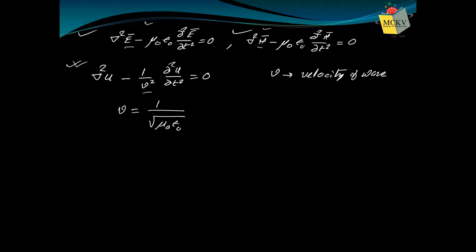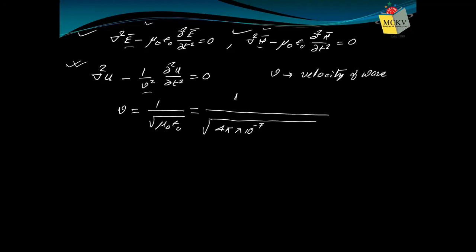Now we know the value of mu naught and epsilon naught. These are constants. So put the values here, and observe what we get. Mu naught was 4 pi into 10 to the minus 7 SI unit. Isn't it? That was our mu naught.